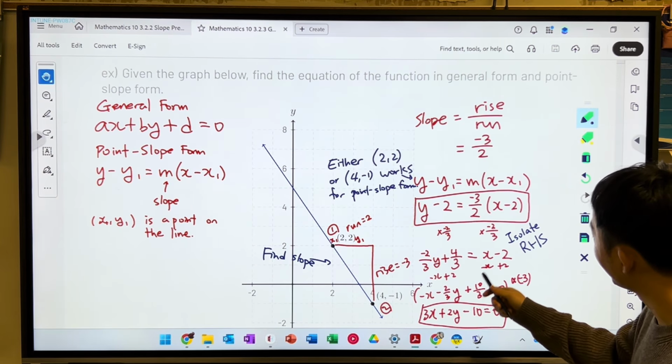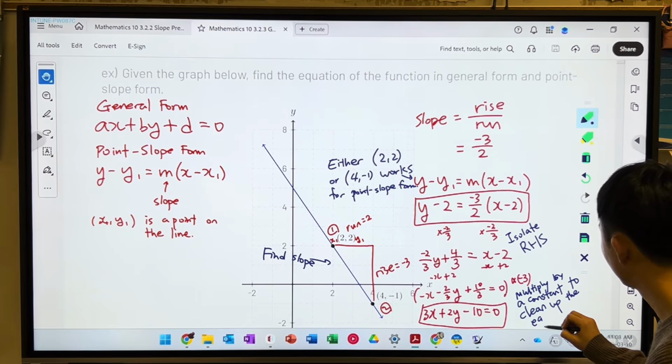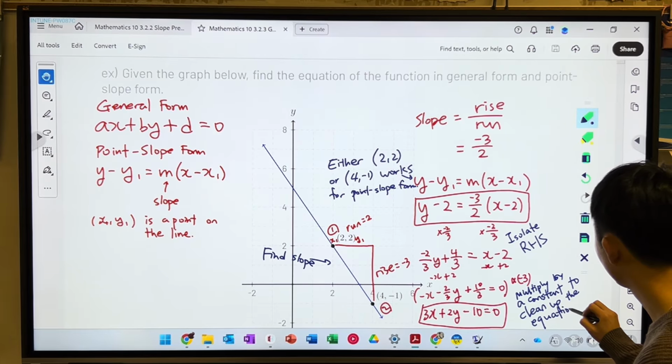And then the last step is multiply by a constant to clean up the equation. So that's what I did. I multiplied by negative 3 here, so it becomes a more aesthetically pleasing general form.